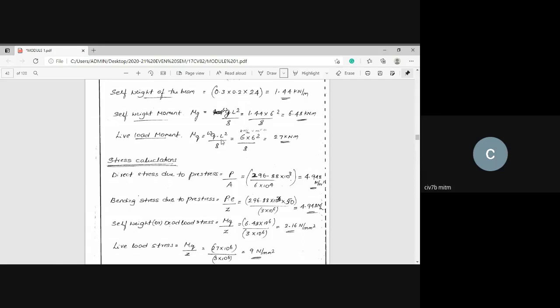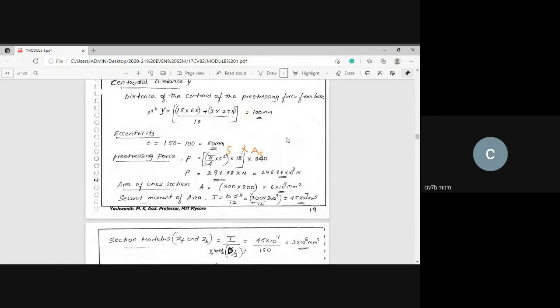Since they have asked for the stresses at midspan, hence I am using this formula. If quarter span is asked, the formula is different. If they ask at 1/3 span, the formula is different. Since the bending moment will be maximum at the center, and that bending moment will be given by WL square by 8. So the live load is 6 into 6 square divided by 8. You will get the answer 27 kilonewton meter.